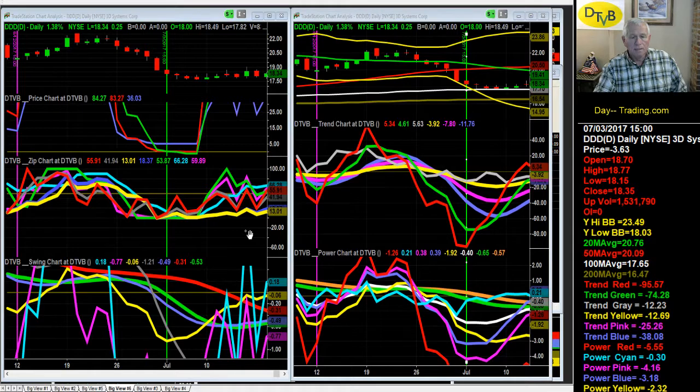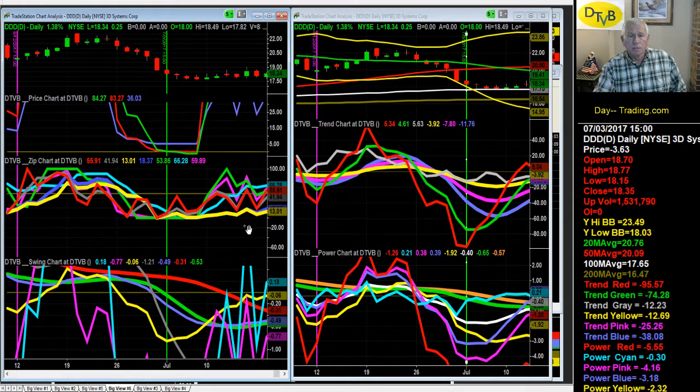On this big green candle out at the end next to the right edge of the zip chart, zip yellow is at 17. The following day, zip yellow is at 8. It didn't go over 20. When it stays in that range under 15, prices are very flat or they go down.